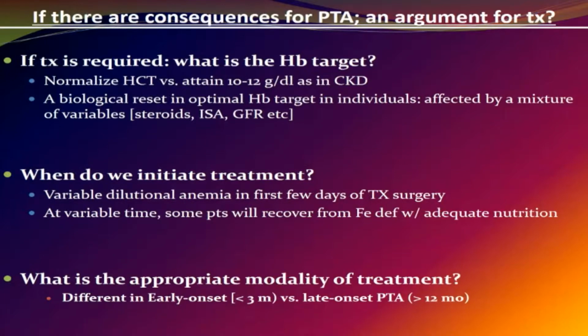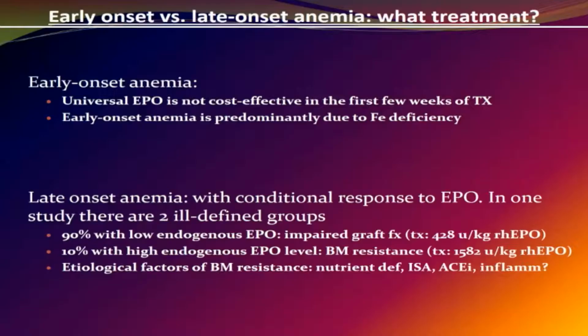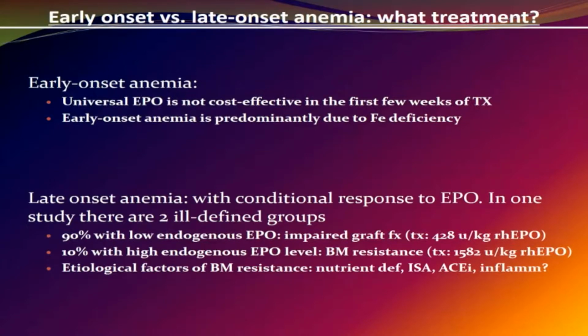And what is the appropriate modality of treatment? We know that it's going to be different in early onset anemia compared to the late onset anemia because they have different pathophysiological basis. So we do know that in early onset anemia, universal erythropoietin is not cost effective in the first few weeks of transplant, because early onset anemia is predominantly due to iron deficiency. And as for the late onset anemia, there seems to be conditional response to erythropoietin.